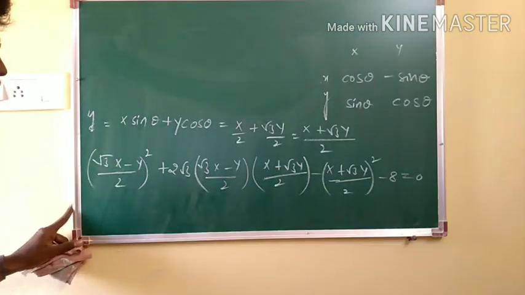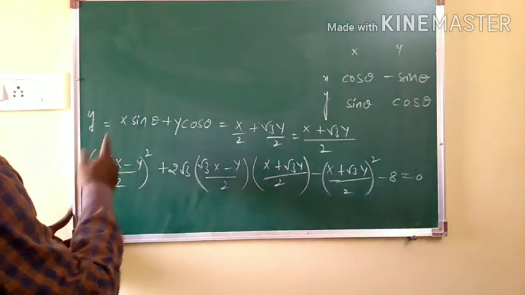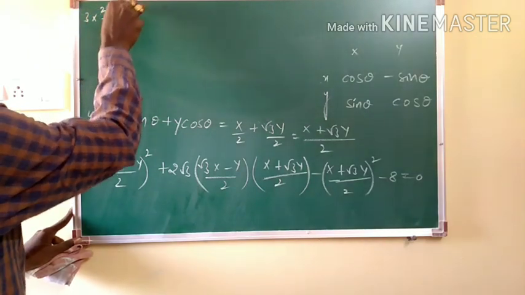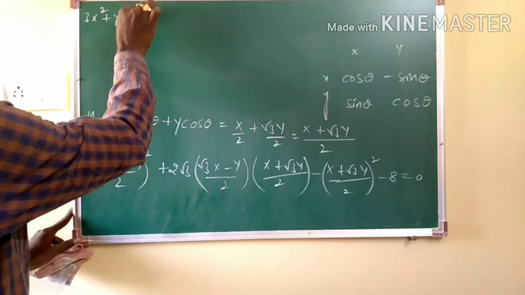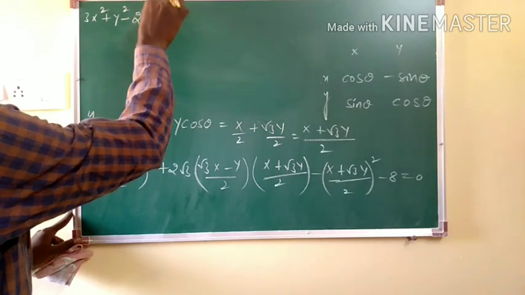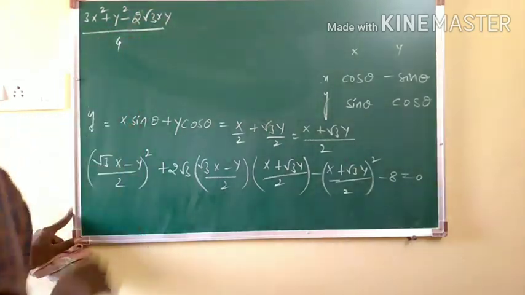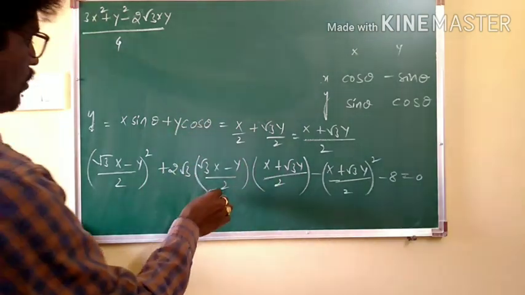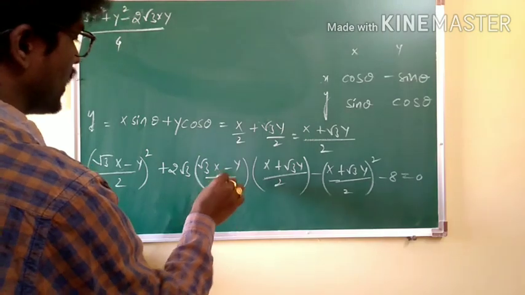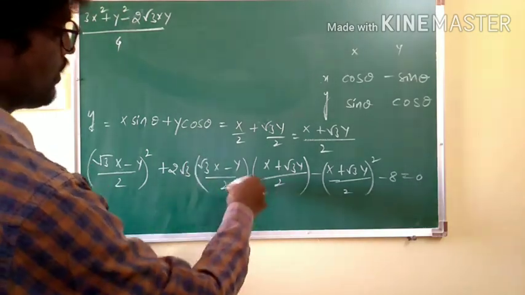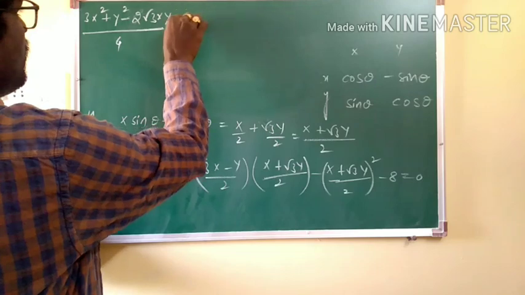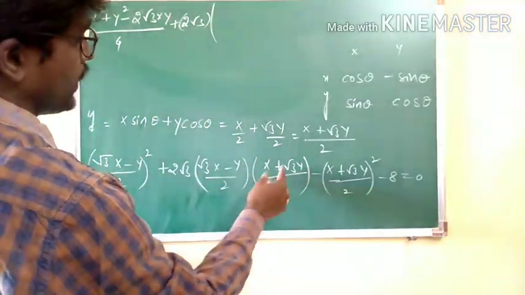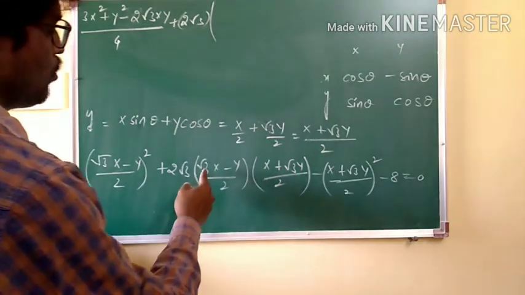It is according to (a minus b) whole square, so what will you get? Root 3x whole square means 3x square plus y square minus 2 root 3 xy, by 4, plus 2 root 3 into root 3x. Let us keep it as usual so that our calculation becomes somehow simple. Plus 2 root 3 into (root 3x minus y) into (x plus root 3y). So what you are going to get?